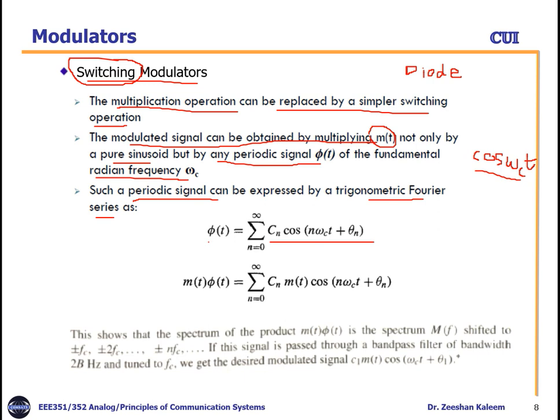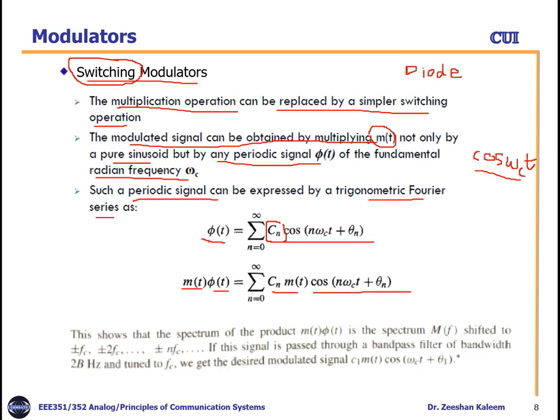So using this and by finding these coefficients, we can represent any type of periodic signal in terms of sine or cosine terms. So this is the phi(t) we will obtain. In the end, we will multiply this phi(t) with m(t). This can be our carrier phi(t), but it's not a sine or cosine. It can be any periodic signal. So finally, we would have a representation like this: Cn m(t) cos(n omega c t plus theta n).